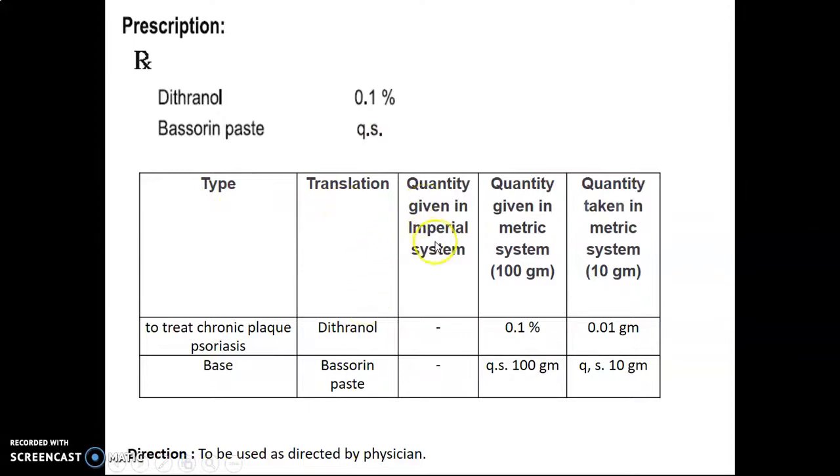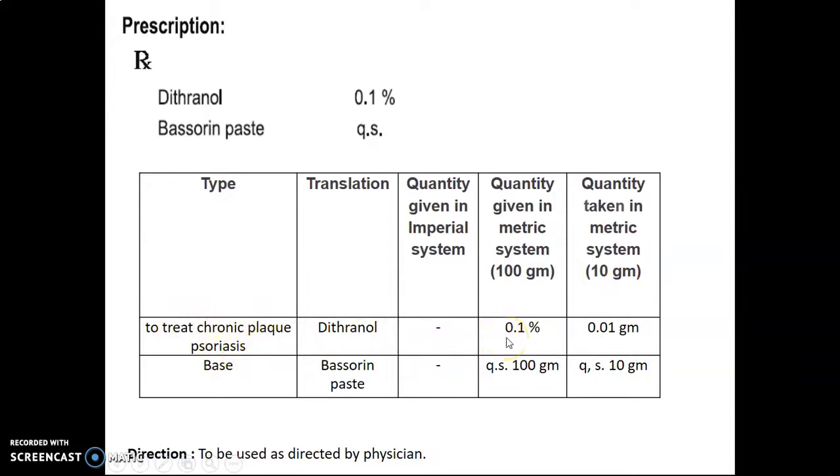As there are no quantities given in the imperial system or in Latin terminology, we have the quantity given directly in the metric system to prepare up to 100 gram, and the quantity taken in the metric system to prepare up to 10 gram. First of all, Dithranol is used to treat chronic plaque psoriasis.